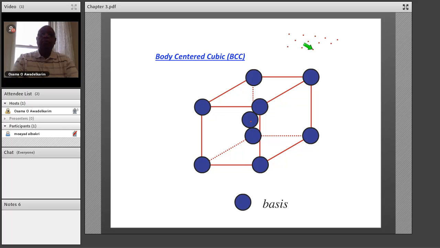Okay, so in 2 dimensions, you have something like this, and it's not completely regular, but as you can see, you have a line here of atoms, and then you have the next line a little bit displaced by half the distance, and then you have another line again which follows this line, and so on.